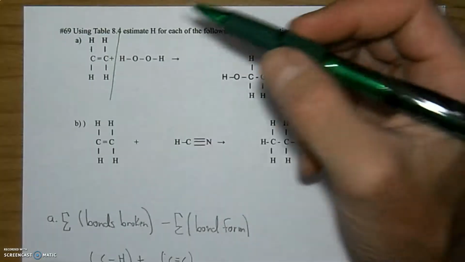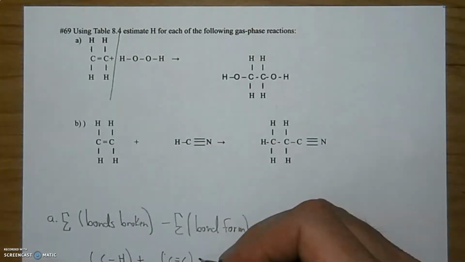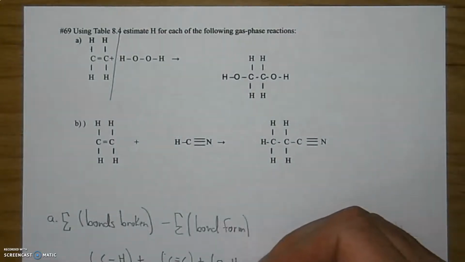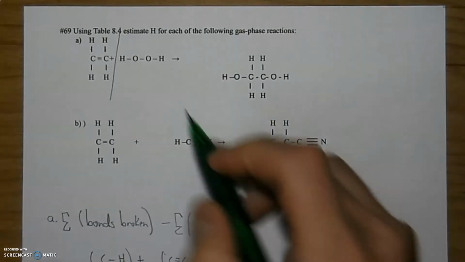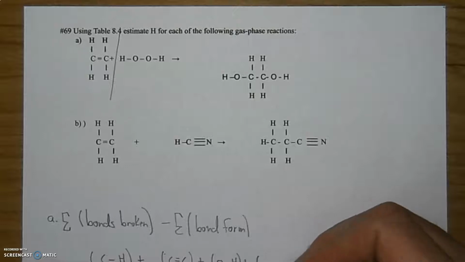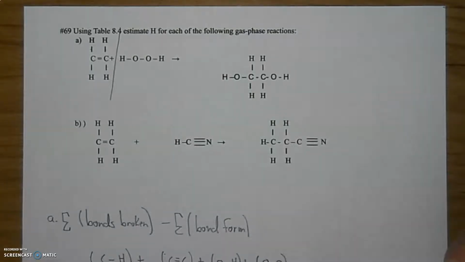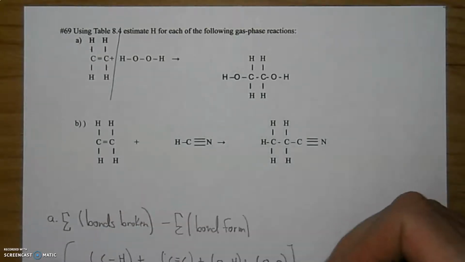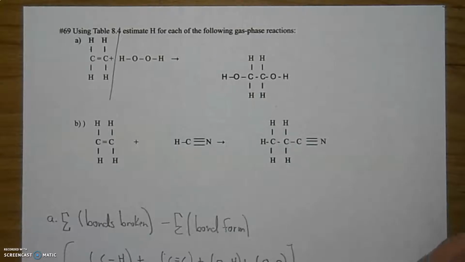That's all I got going on there. Over here, still going to do a plus. I've got an oxygen to hydrogen bond, certain number, who knows how many. And I have an oxygen to oxygen single bond going on here. So I have a sum total of all these things that I need to add up eventually.